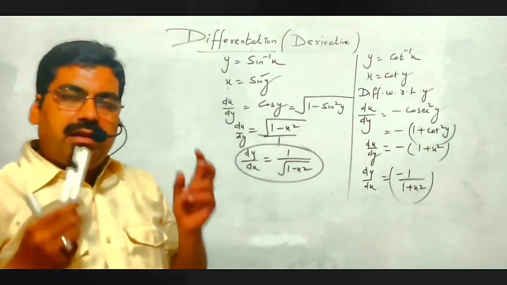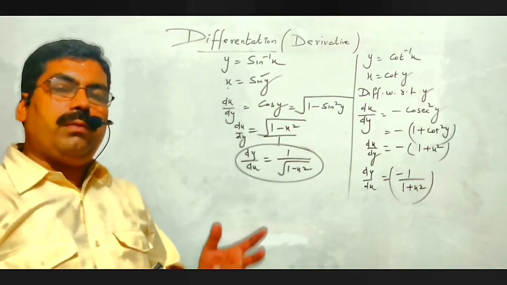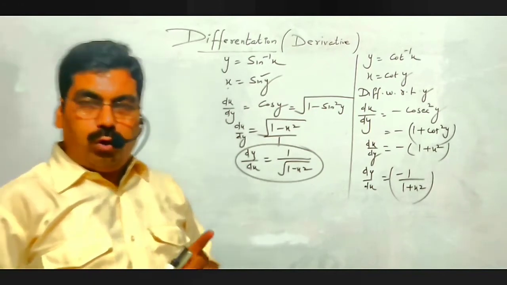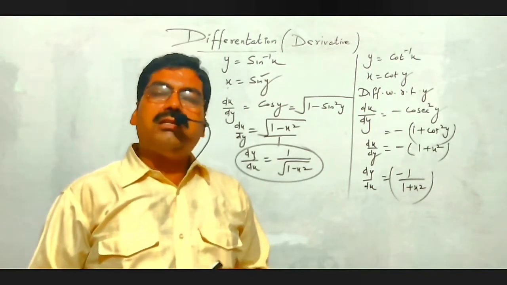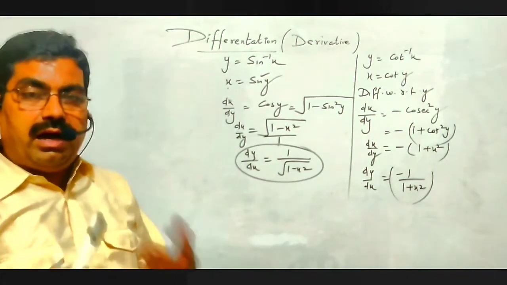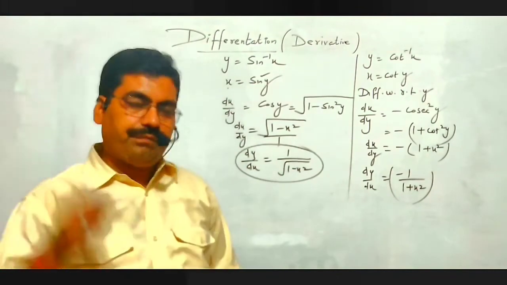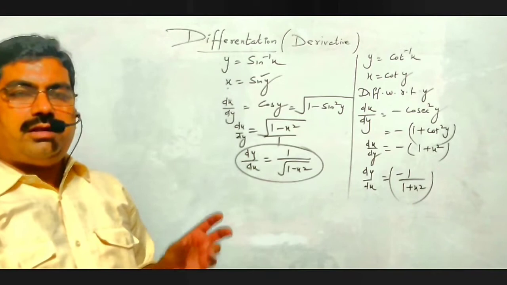It means in the derivatives of inverse trigonometry, if the inverse ratio starts with c, meaning cos, cotangent and cosecant, the results of these 3 ratios are negative, are minus. Clear?